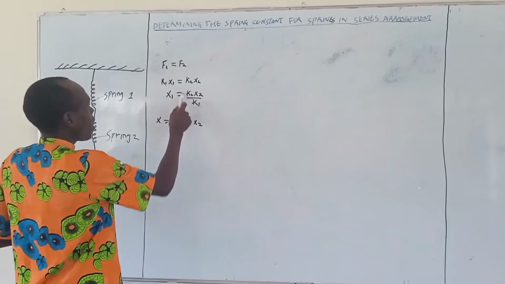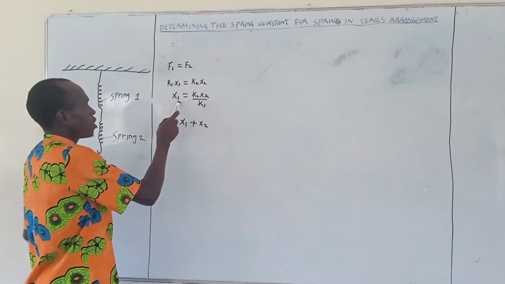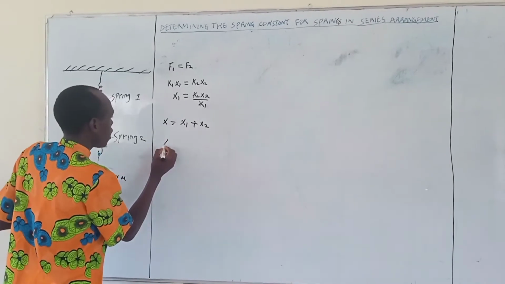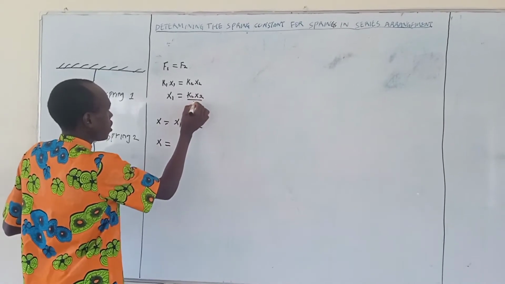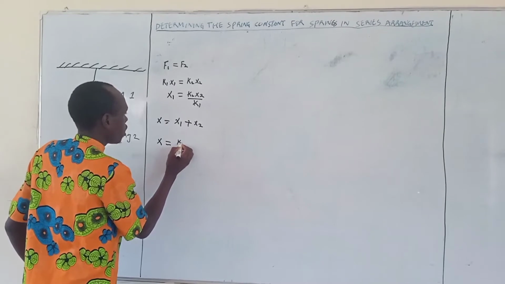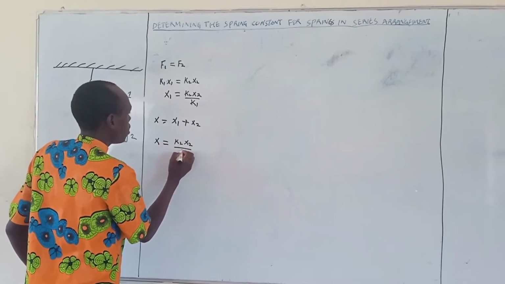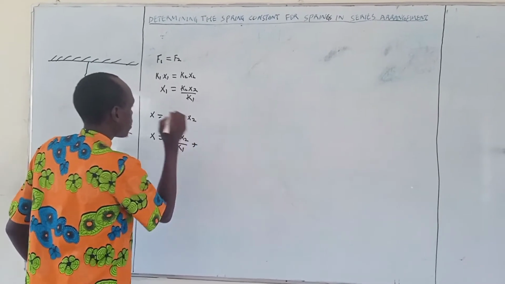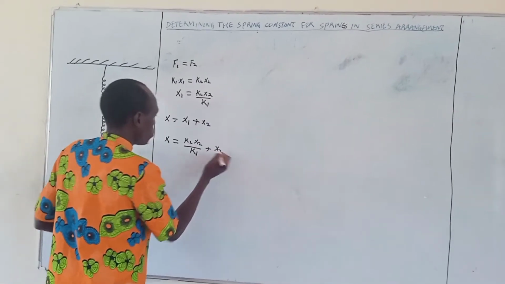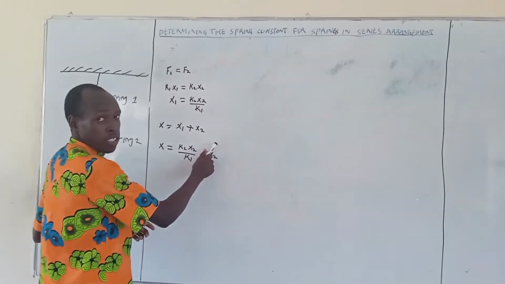And here we have the new format of writing X1. So we can substitute here: X is equal to extension 1, which is K2X2 divided by K1, plus X2. This is now the total extension.